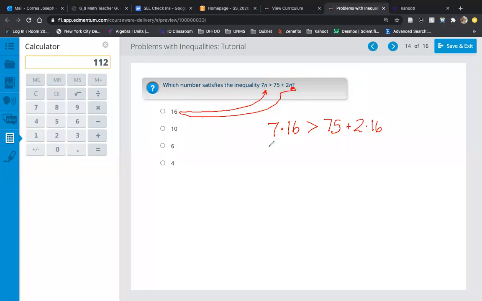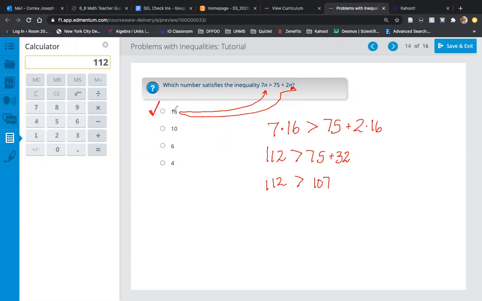Remember order of operations, we need to multiply first here. Is that bigger than 75 plus 32? 75 plus 32 is 107. Then we look to see which way Pac-Man's mouth is facing. It's facing the bigger number, so that's true.